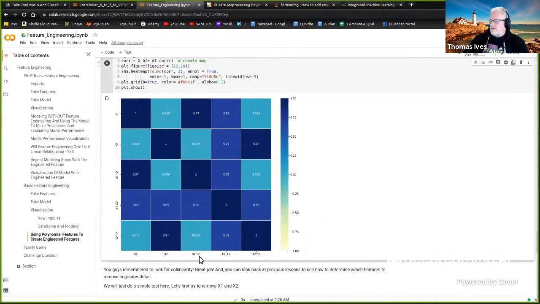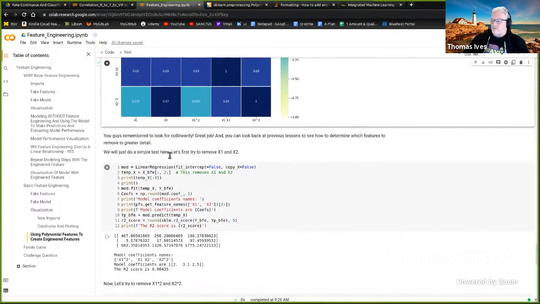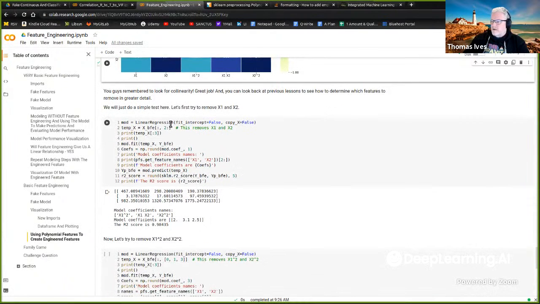X1 is correlating to X1 squared. Of course it would be. And X2 squared is correlating to X2. So how would we do that? It's collinearity. And you can look back at previous lessons to see how to determine which features to remove in greater detail. But we'll just do a simple example here.